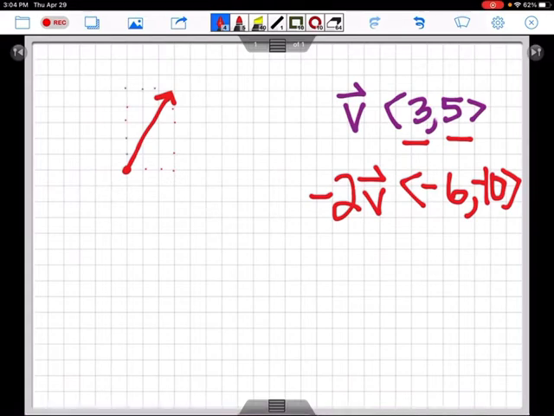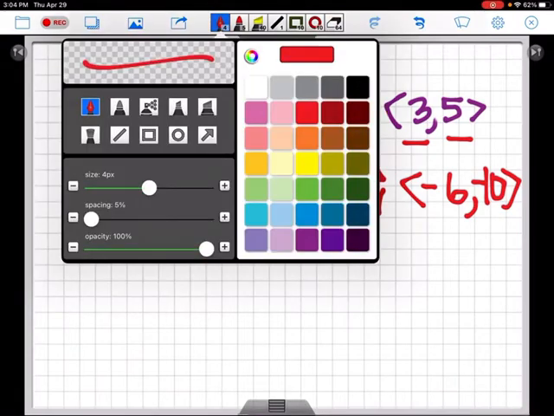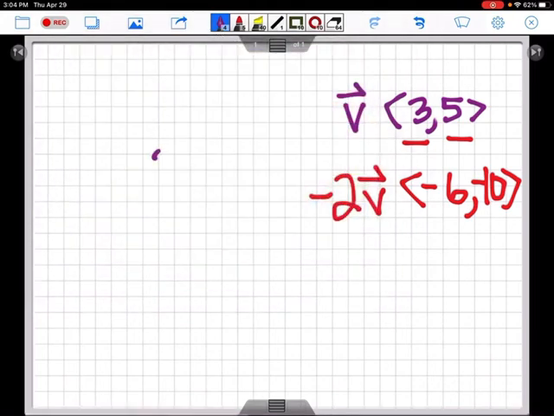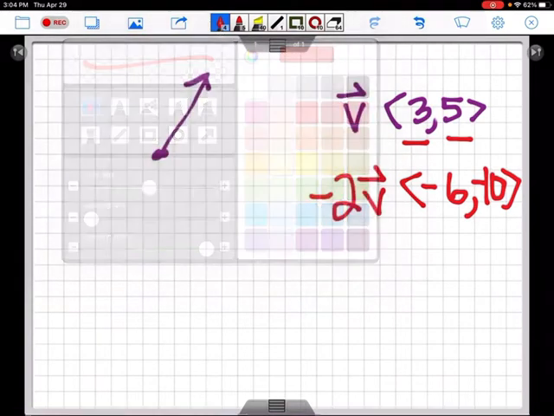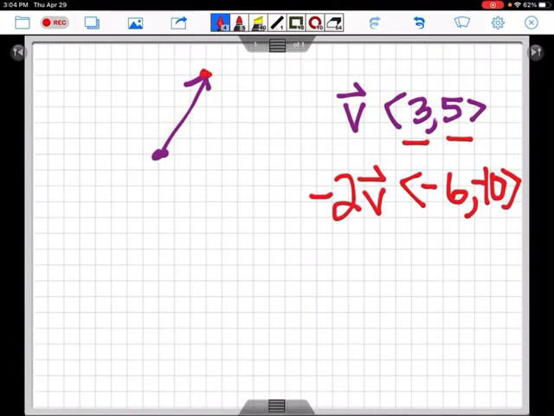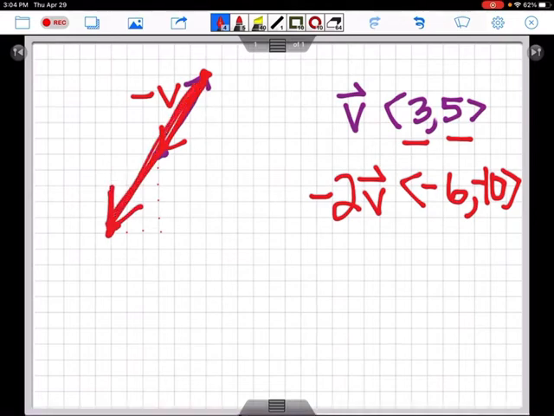Which essentially means that if this was v, then what negative v does is it basically just flips that around to have this starting point and going down that way. That's negative v. And if I want negative 2v, I go 4, 5, 1, 2, 3, then I get this guy all the way here. And now I've got negative 2v.